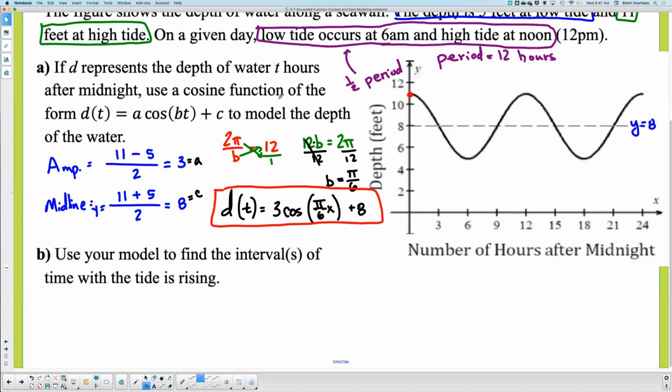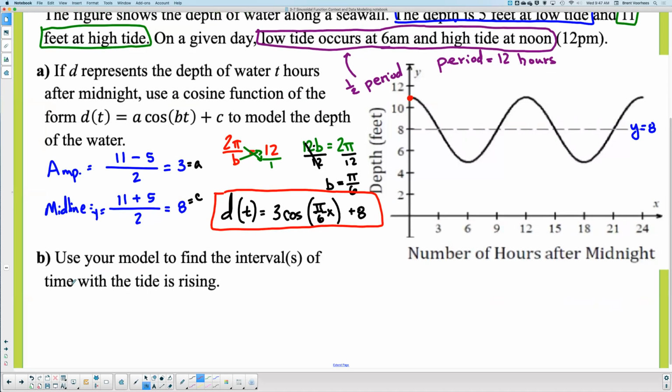All right, part B. It says use your model to find the intervals of time where the tide is rising. Okay, so we could use this model. I'm actually going to use this graph on this part. Where are we increasing from? They told us actually in the problem. We don't increase starting at 6 a.m. We start increasing up until noon.